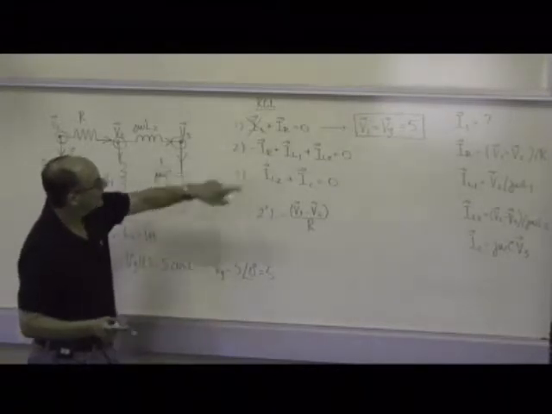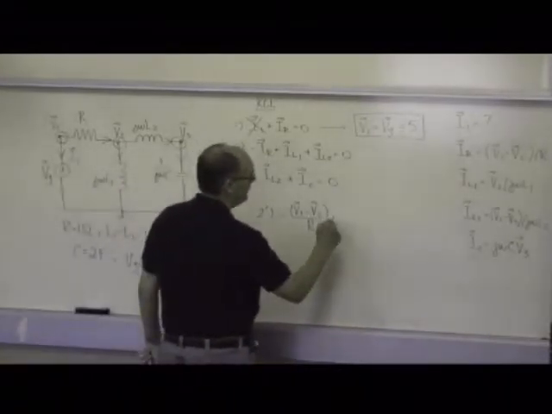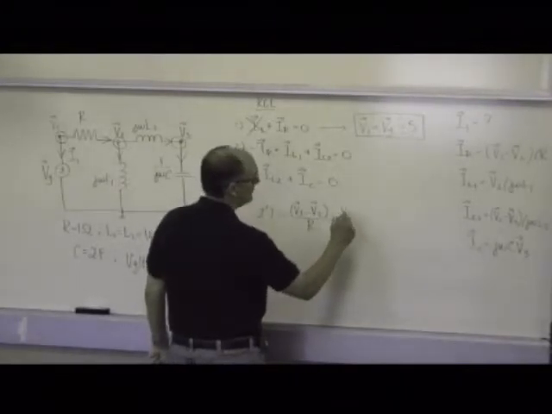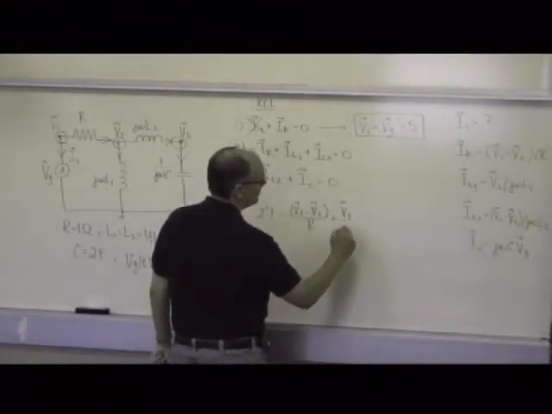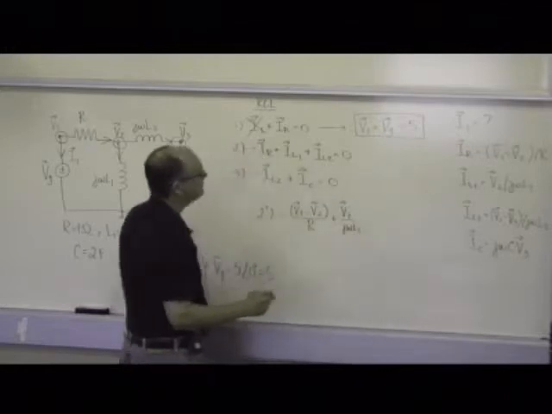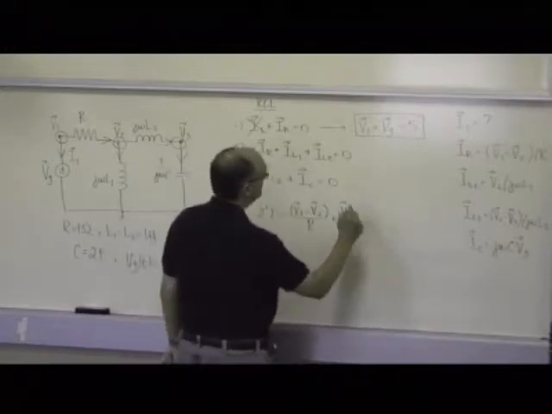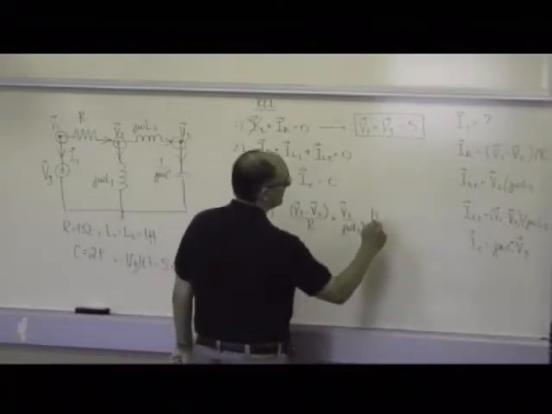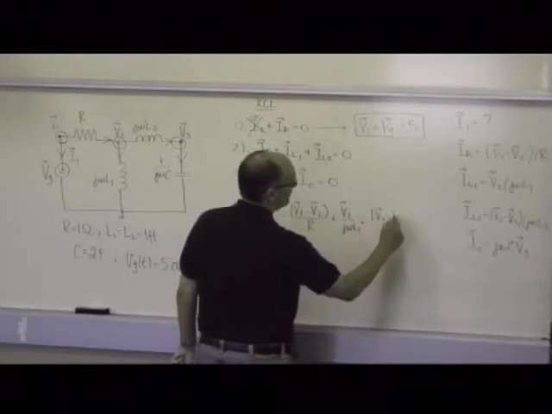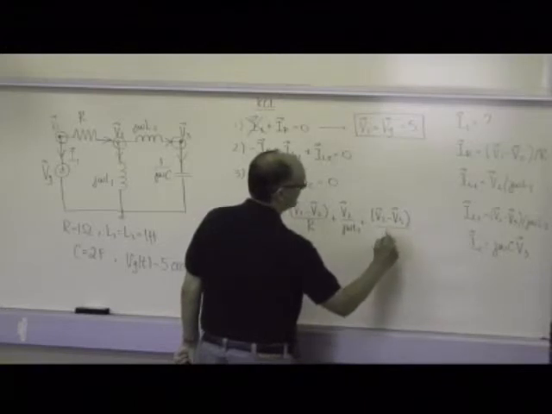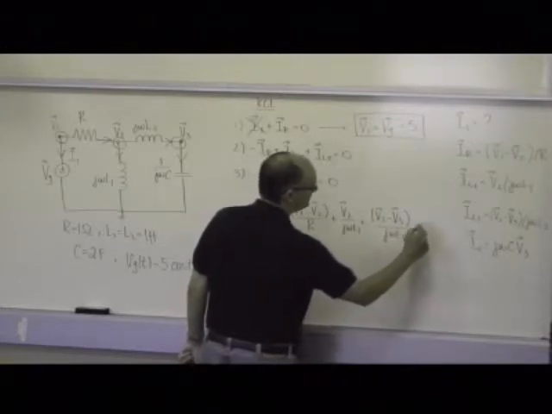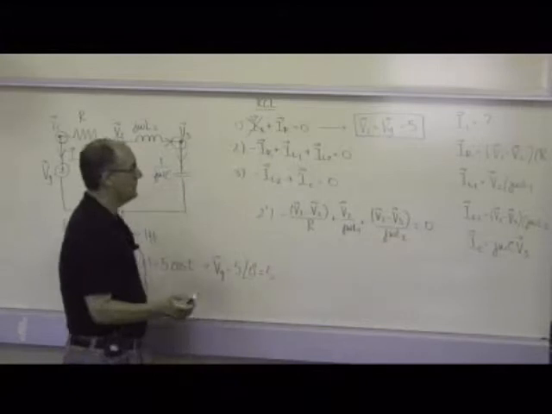So minus IR plus IL1, which is V2 over j omega L1, plus IL2, which is V2 minus V3 over j omega L2, equals 0.